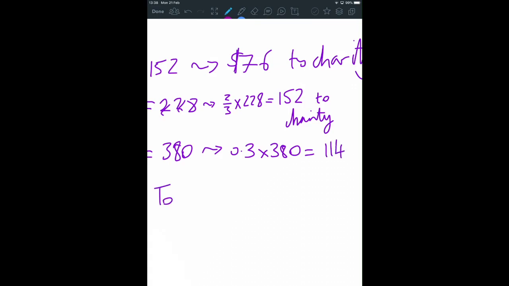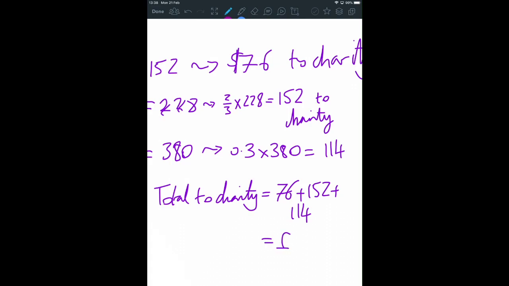So total to charity, the 76 from Ben, the 152 from Carlos, and the 114. Let's type all those in, and let's make sure we're using the right currency. We're giving 342.